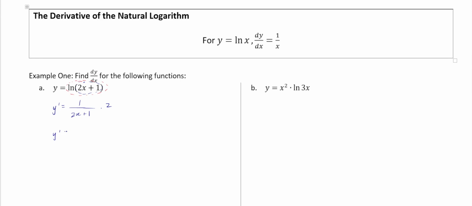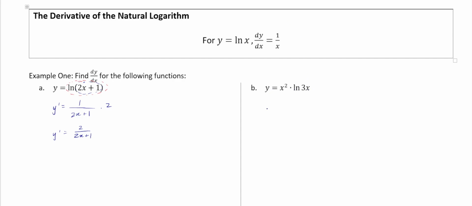So combining this, I have 2 over 2x plus 1. And there's my derivative.